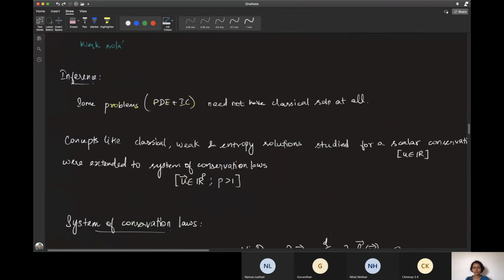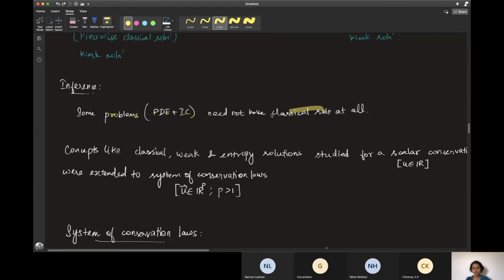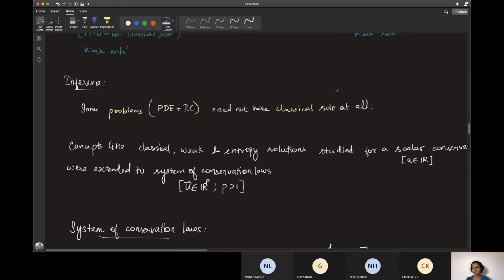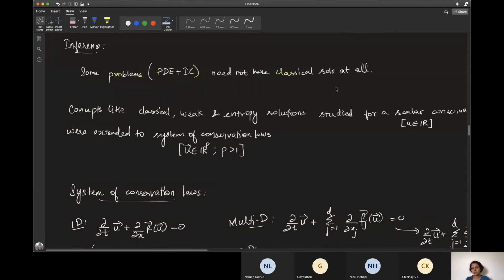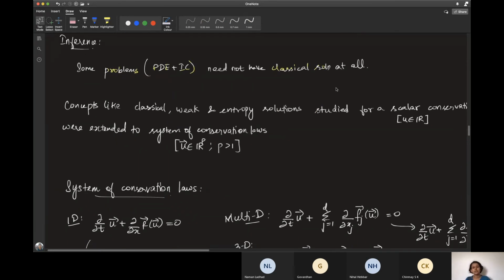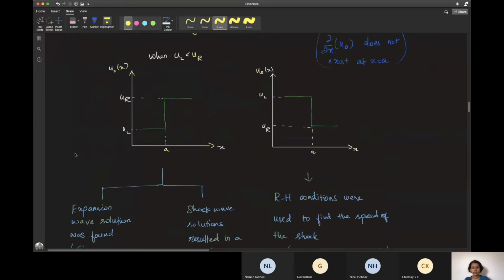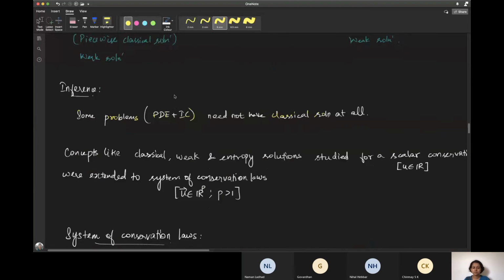You'll have weak solutions and you'll have some entropy solutions which are physically relevant. You won't be able to find a classical solution at all. And I wanted to emphasize this point, so that is why I went through this whole thing of the Riemann problem.